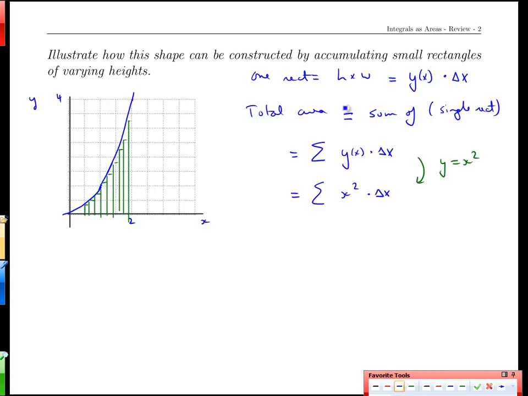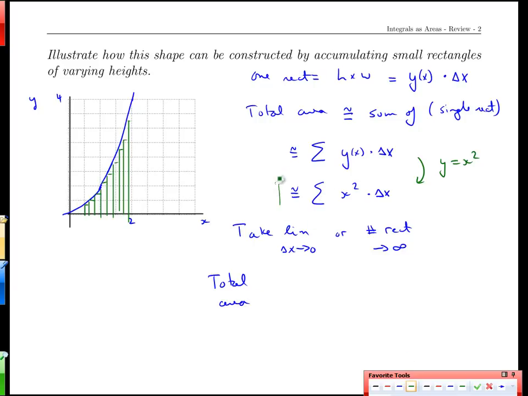Now, we should be a bit careful here. These are all approximations because they're rectangles and not the actual smooth curve. But what we did next when we introduced integration was we took the limit as delta x goes to 0, or as the number of rectangles goes to infinity. So we use finer and finer and more rectangles. And from there we saw the conversion of this summation notation.